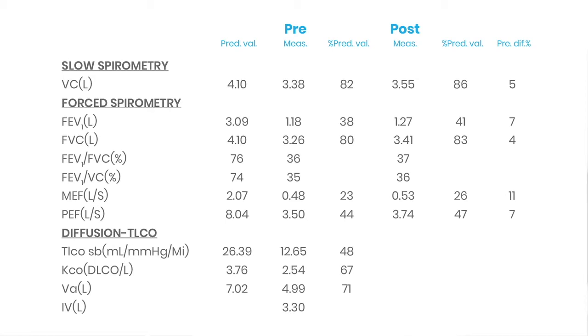So we'll start off with the pre-bronchodilator measurement of the FEV1 to FVC as a percentage, which is 36%. So immediately we can see that there's airflow obstruction. We could then look at the forced vital capacity to see if there's any ventilatory restriction, and we can see that that's 80%. So it's at the lower limit of normal, but it's normal.